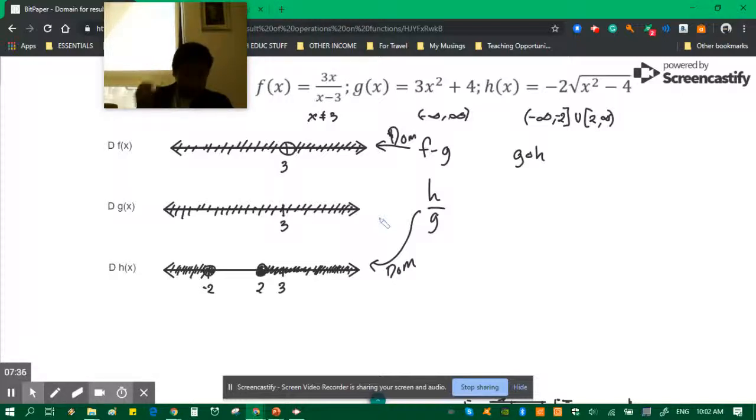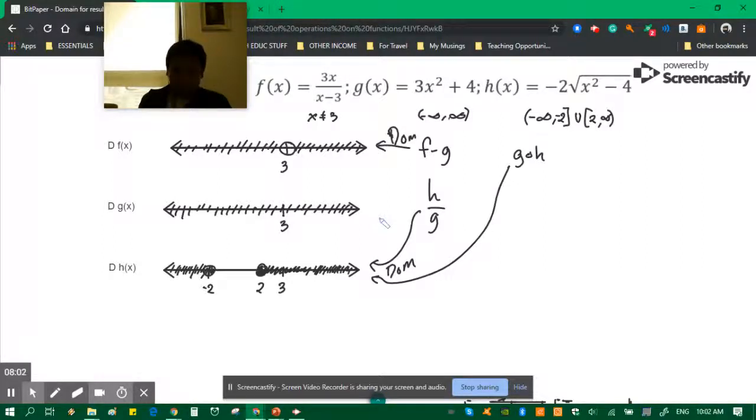But because h is restricted, that restriction should carry over. We cannot use the values that are not used in h. So that's why g of h also takes up this domain.